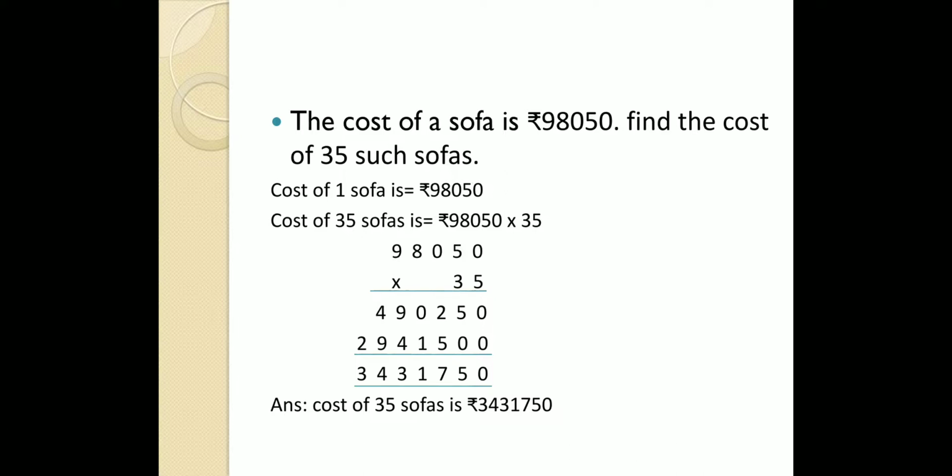Okay, see, cost of one sofa is equal to rupees 98,050. Cost of 35 sofas is equal to rupees 98,050 into 35. And the answer which you are getting is 34,31,750.